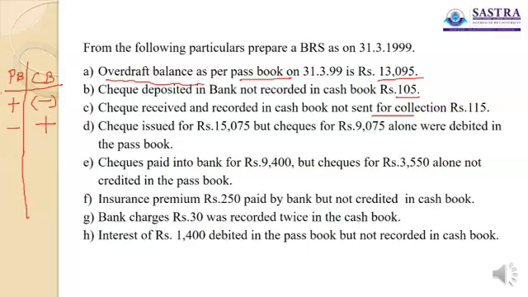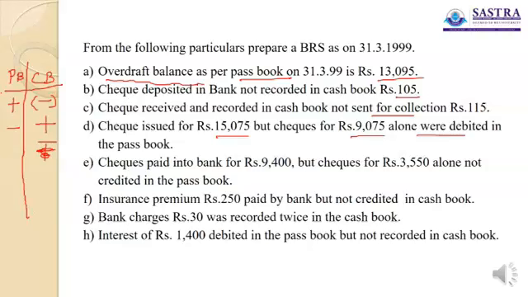This is 115 rupees. Check issued for 15,075, but checks for 9,075 alone were debited. Whenever issues are made, they would have been entered as payment in your book, so the bank column shows that payment minus. Out of which 9,075 alone were debited in the passbook, meaning 9,075 alone were paid by the banker to those to whom we have issued the checks.